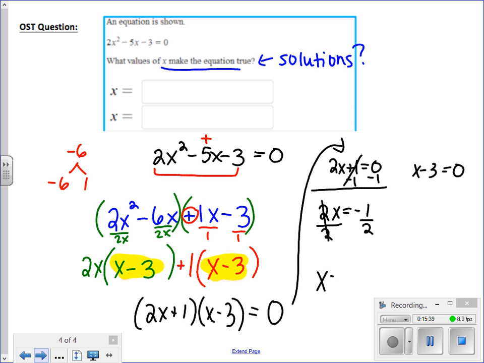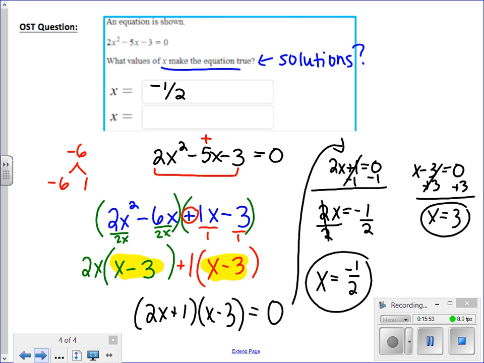So one solution is x equals negative 1/2. That's one of the numbers that goes into these blanks here. That's one solution. The other solution, I add 3 to both sides and get x equals positive 3. That's my second solution that makes the equation true.